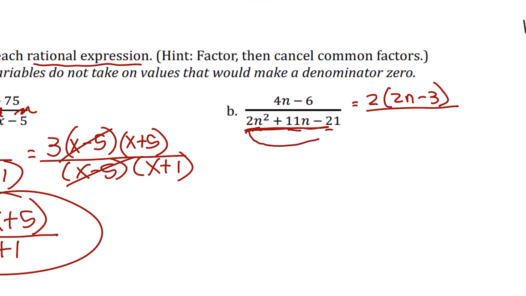So the process is 2 times negative 21. You multiply a times c, which gives us a negative 42. Then we try, I'm going to move that over a little bit. So we have negative 42. And now we try to think of the two numbers that multiply to give us negative 42 and add to 11. So the two numbers that multiply to give us negative 42 and add to positive 11.